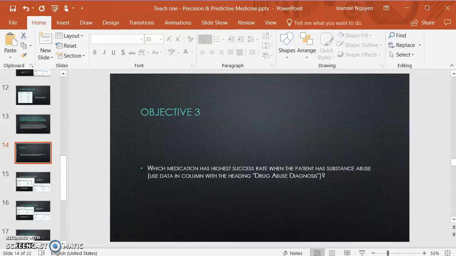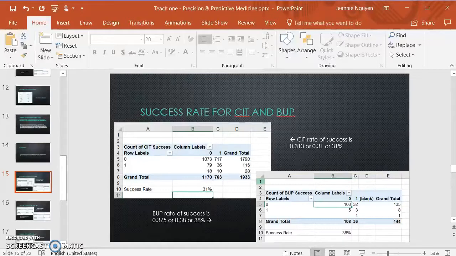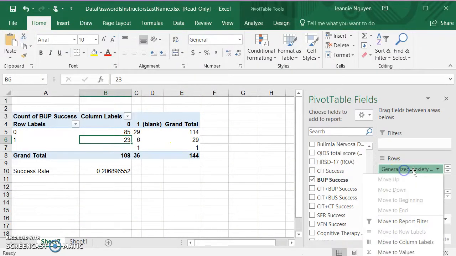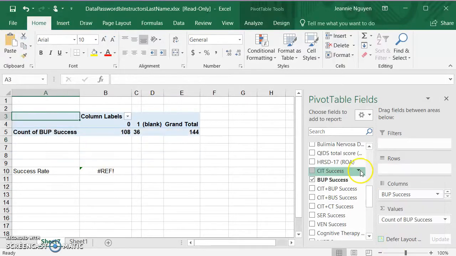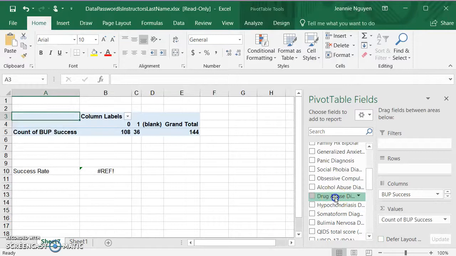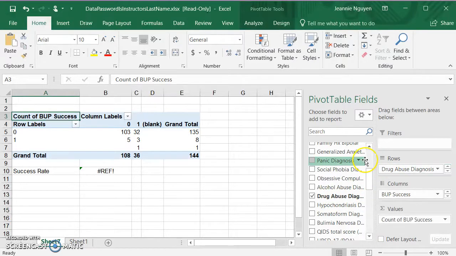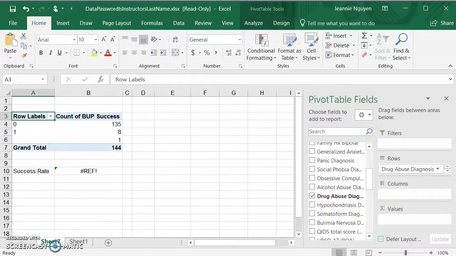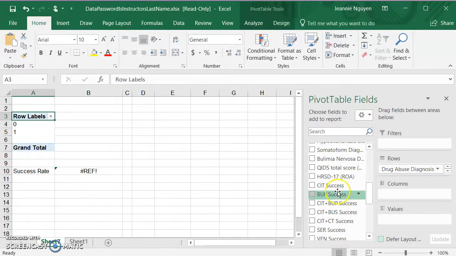Our third objective is to find which medication has the highest success rate when the patient has a substance abuse. So essentially, you're doing the same thing as we did for the first objective, but instead of using generalized anxiety, we're going to use drug abuse diagnosis and put that into rows. We're first going to do the CIT success.